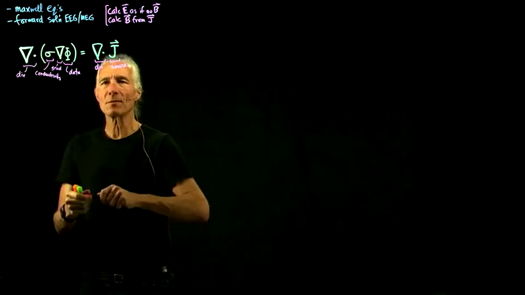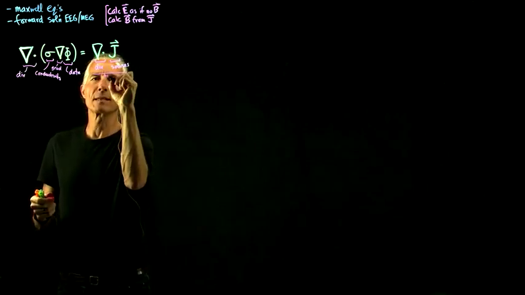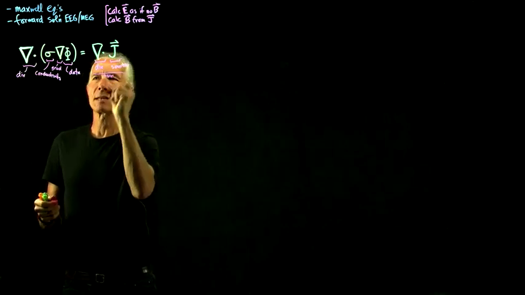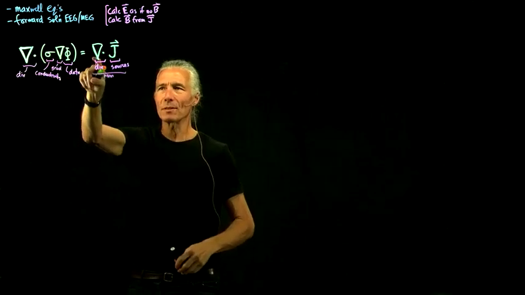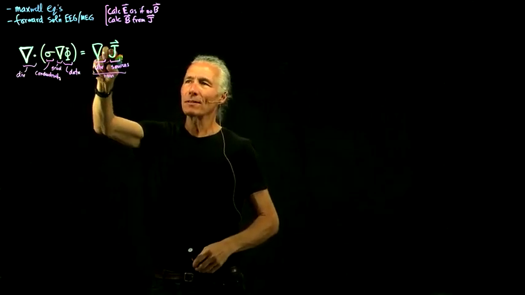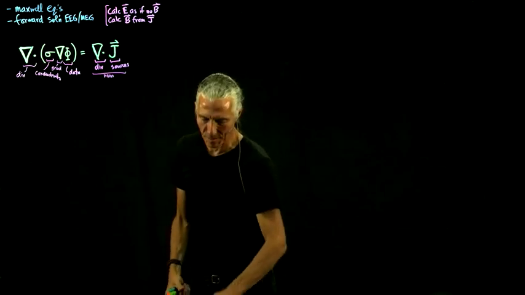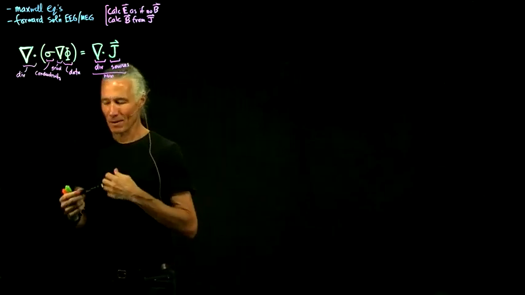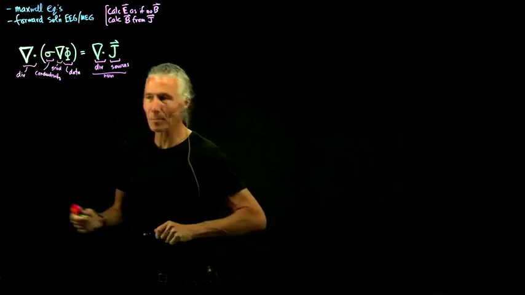Remember that this whole thing just ends up as a number, so that's a number equals a number. That thing turns this vector field of all these different currents into a single number. So that's one of the Maxwell equations. We rearranged it and combined it a little bit.